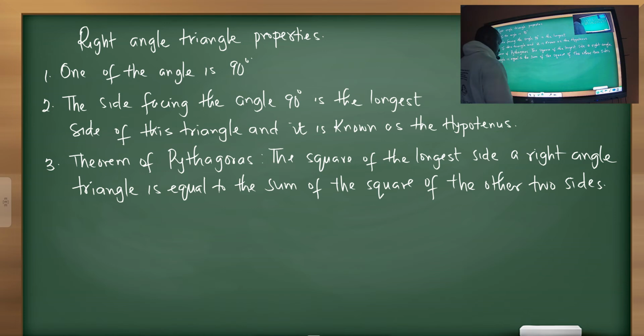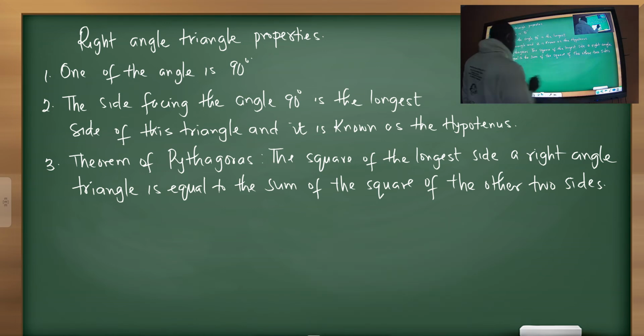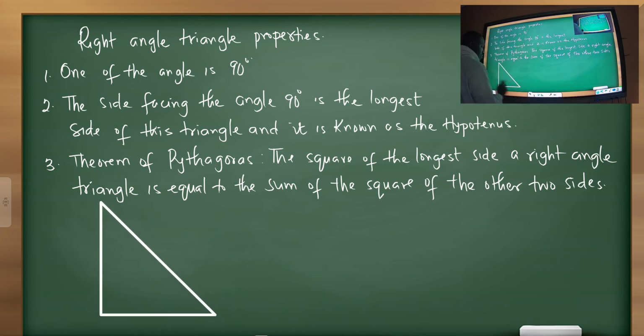All right, let's quickly check a diagram to see what we mean. So if I have this right angle triangle here, and I call this A, B, and C. Now this angle B is the 90 degrees, so this becomes my hypotenuse. It's the longest side.